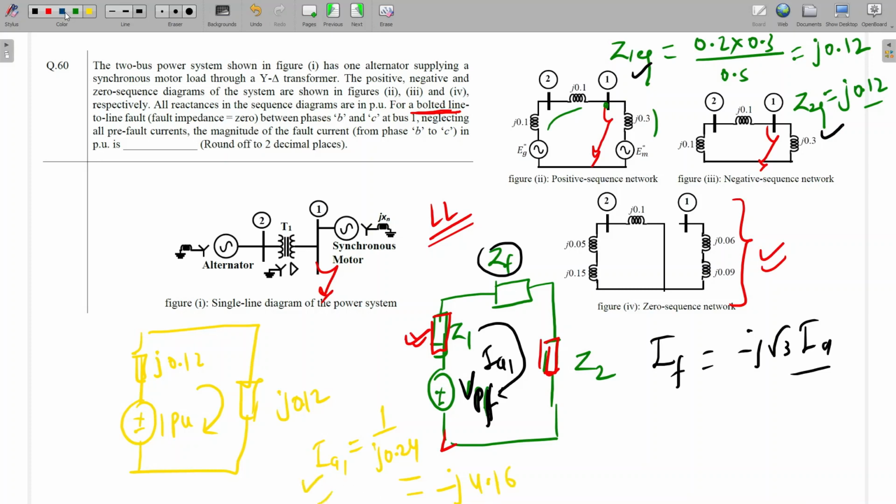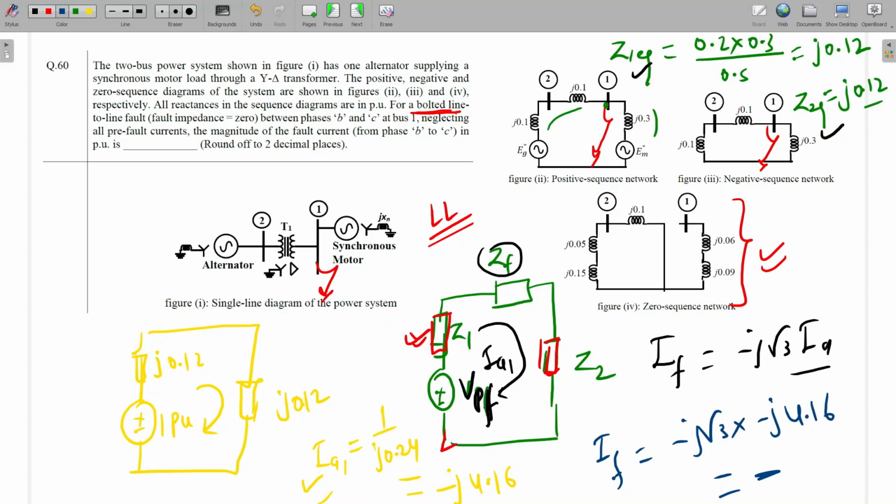What is the fault current equation? Fault current IF is equal to minus J root 3 into IA1. IA1 is minus J 4.16. Can anyone tell the final value? J square is minus 1. Minus 1 and minus minus plus, so minus something will come. Minus 12.5? No, root 3 into 4.16, how will it be 12? Wait, I will calculate it.